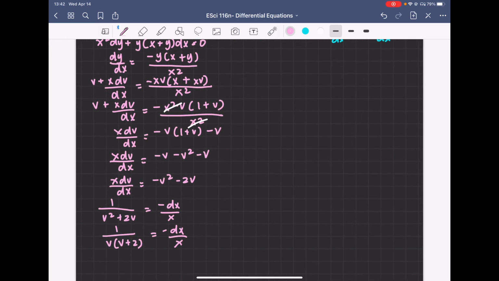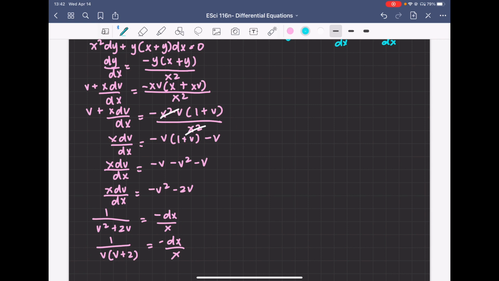So again, solving on the side, that's 1 over v times v plus 2 equals a over v plus b over v plus 2.